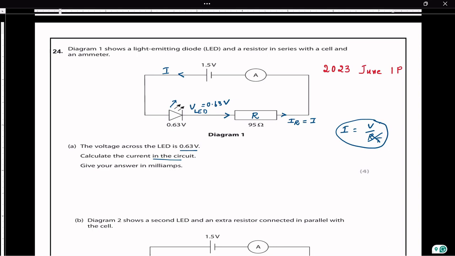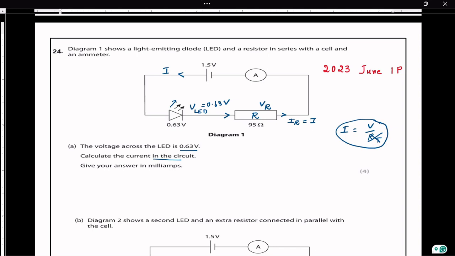We know only the resistance of the fixed resistor, but we can calculate the voltage of the resistor. So from that we can calculate the current flow through the resistor, which is the same as the circuit current I.